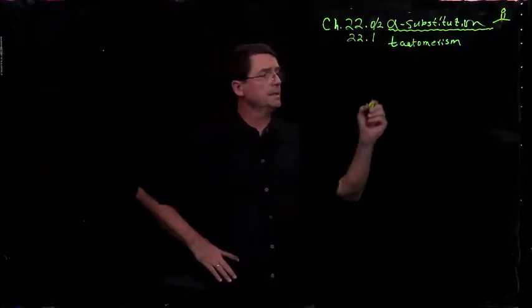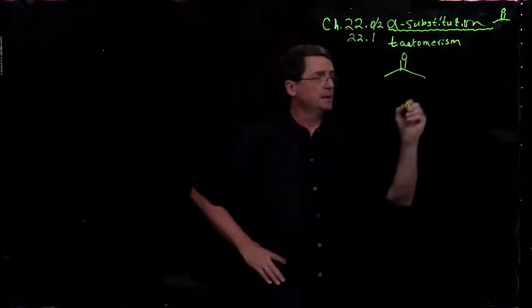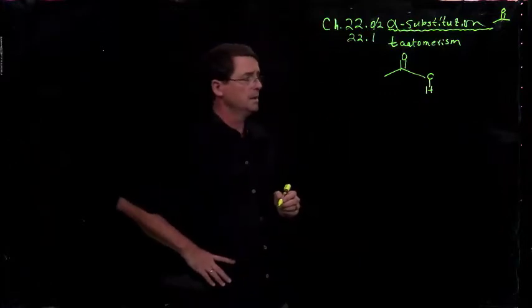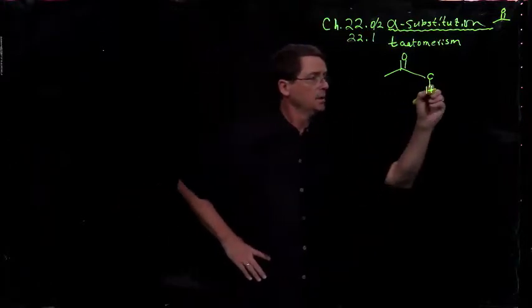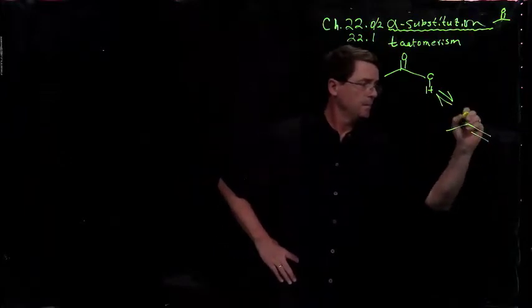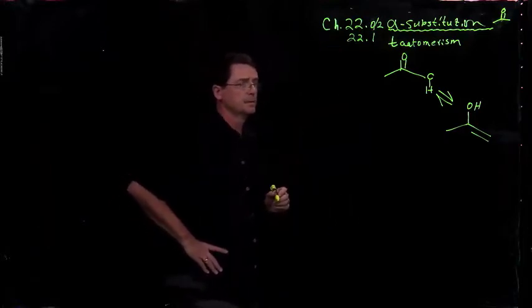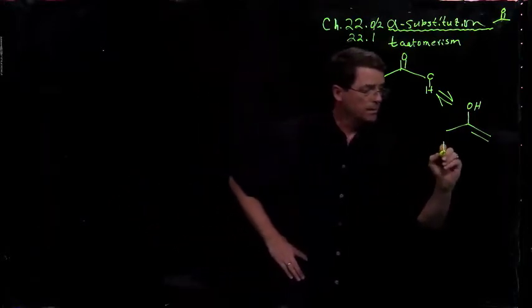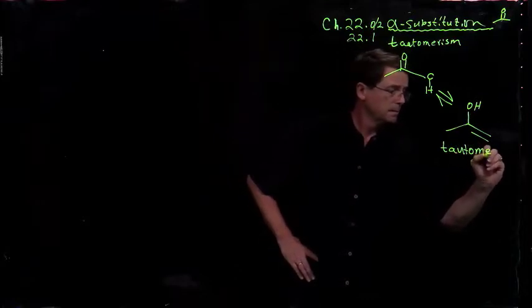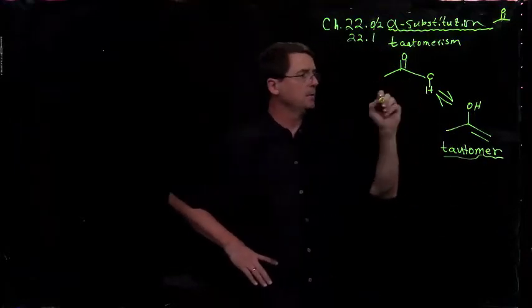All right, so the key observation here is to recognize that in the keto form, when there is an alpha hydrogen, it's in equilibrium with the enol form. This is the tautomer of the keto form.